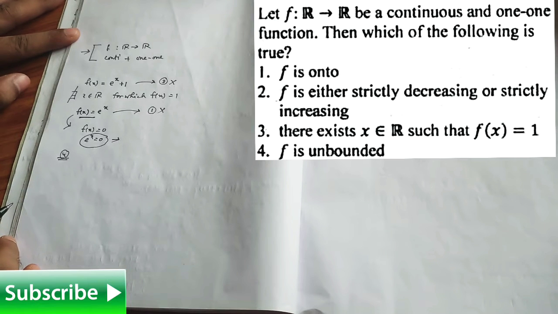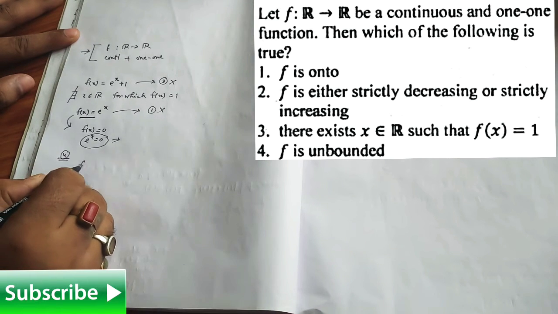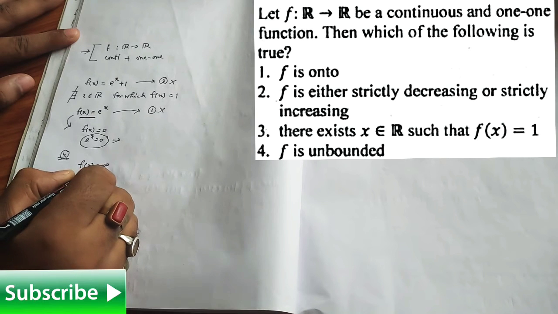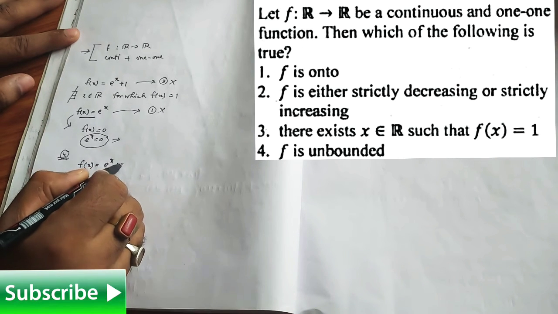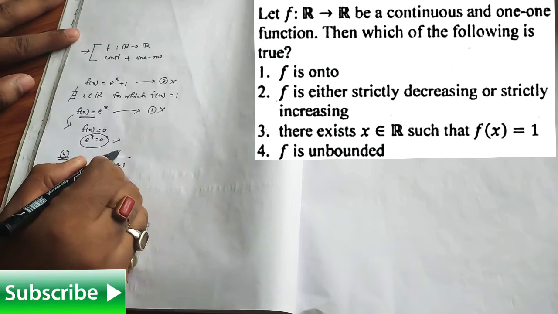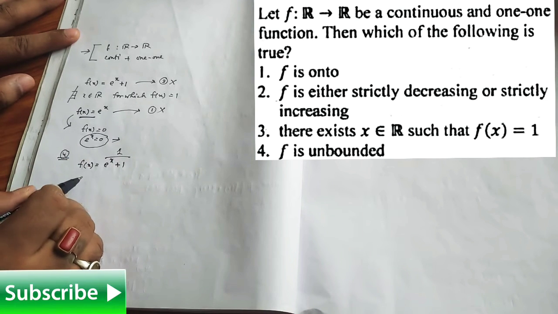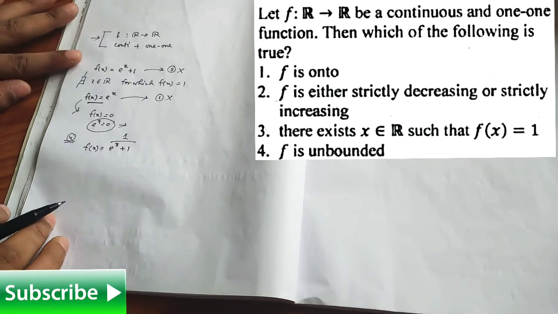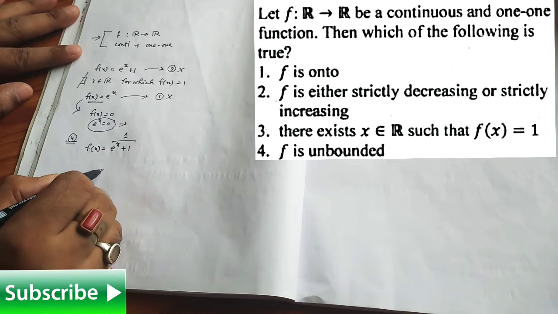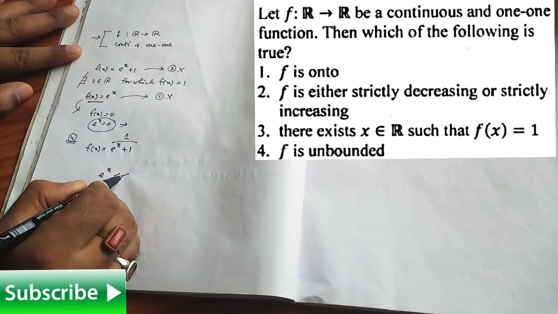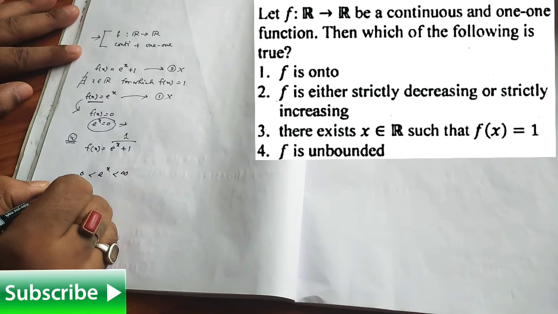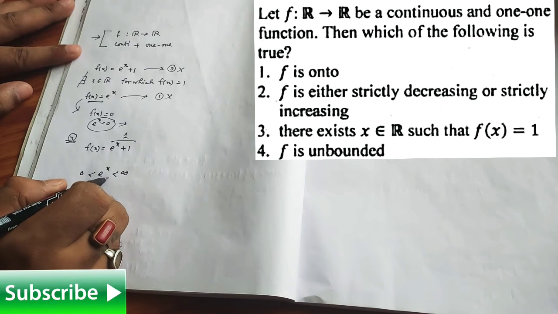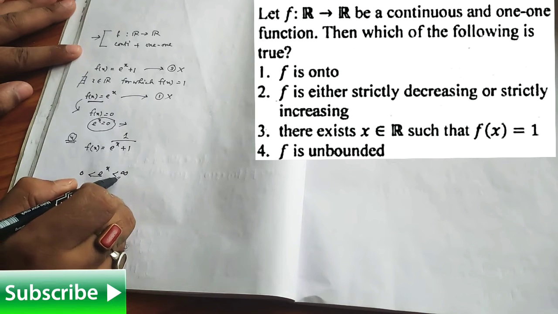Now what about the fourth option? For the fourth option you need to think a little bit. Take a function f(x) equal to 1 by e to the power x plus 1. Observe what is happening here. E to the power x is obviously a finite quantity, greater than 0 and less than infinity.